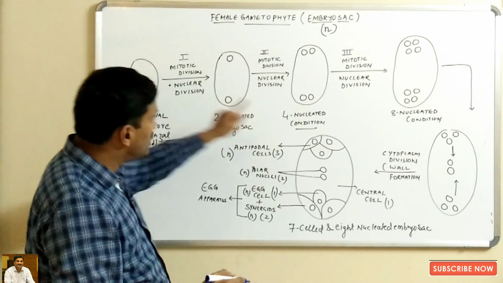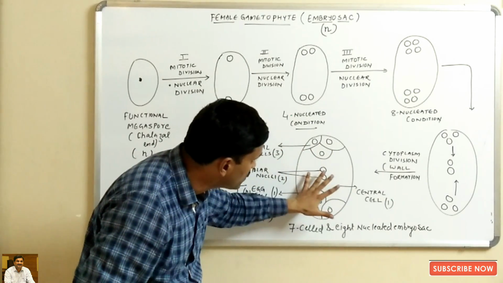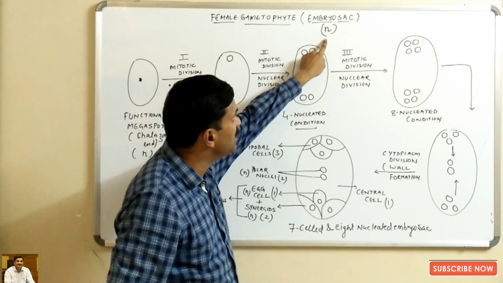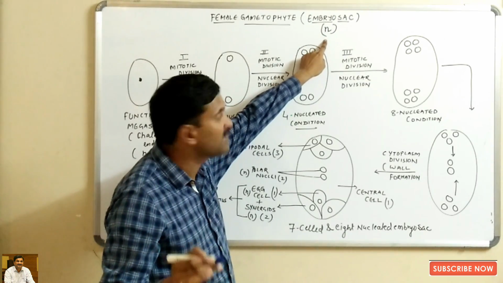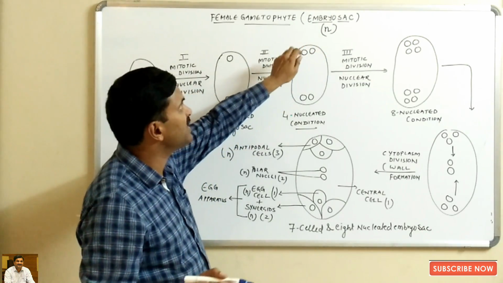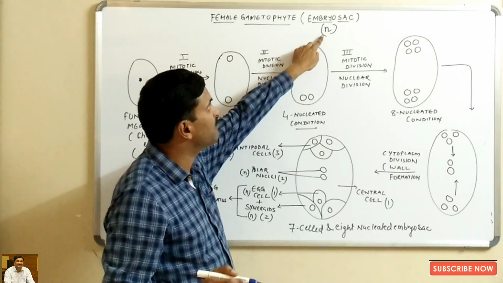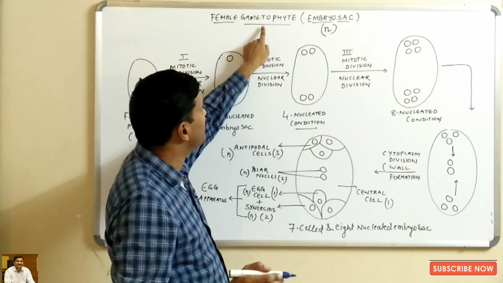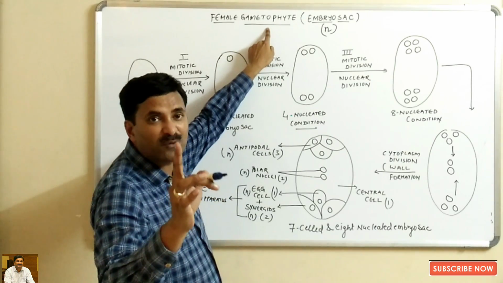Because the embryo sac is also called the female gametophyte, and the gametophyte is always haploid.